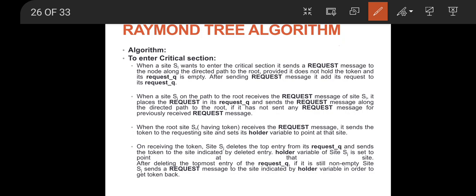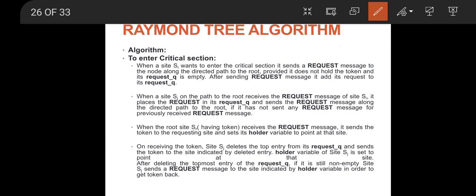That is the main purpose of the request queue here. Similarly, if the site had not sent a request message previously, then it will send that message to the other site. Now, if that other site has already sent a request message, then it will not forward it, it will simply put it into the request queue. So in every step, only one request will be forwarded by any site.